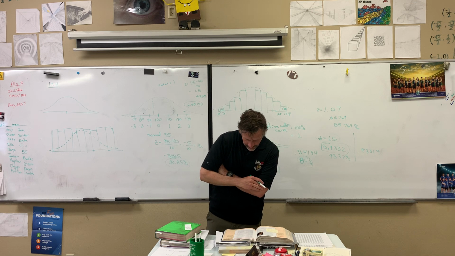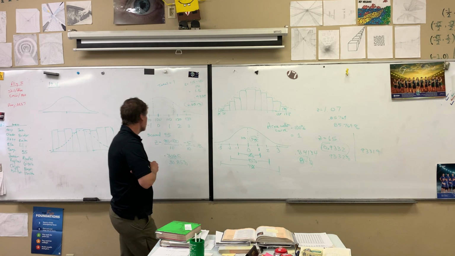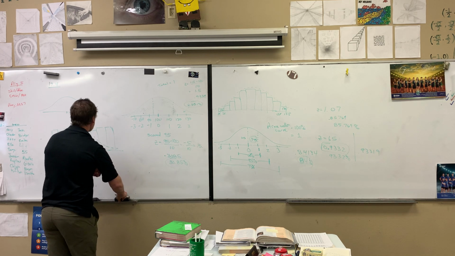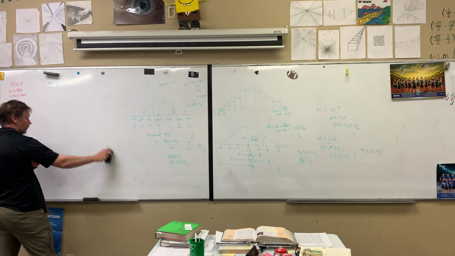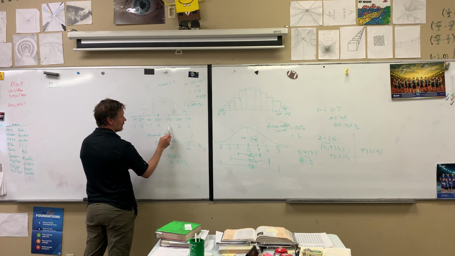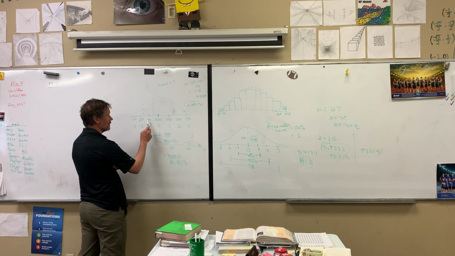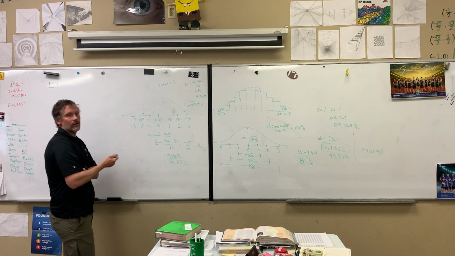Okay, so then it says between 90 and 110. Now, between 90 and 110, you could do a quick rough estimate. How much is between -1 standard deviation and 1 standard deviation? Between 90 and 110, there's 68%, approximately.